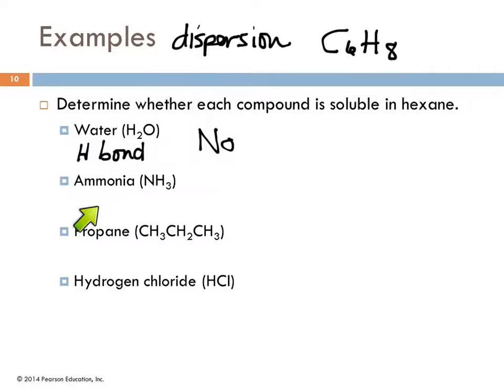What kind of forces does ammonia have? The strongest one. Okay, I know you're not being shy, because hydrogen bonding, thank you. So, is ammonia going to dissolve in hexane? No.